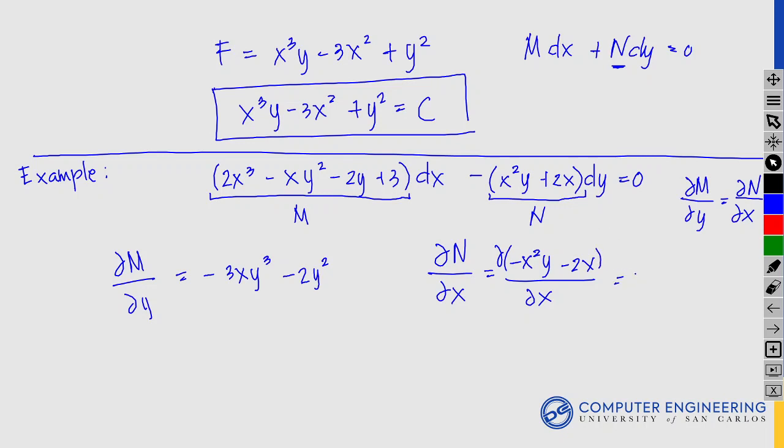So y is a constant, so minus y, 2x cubed, and this should be minus 2.